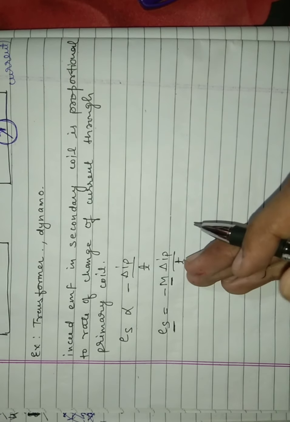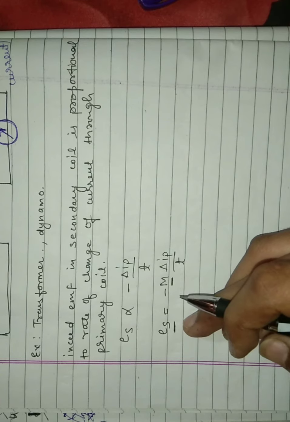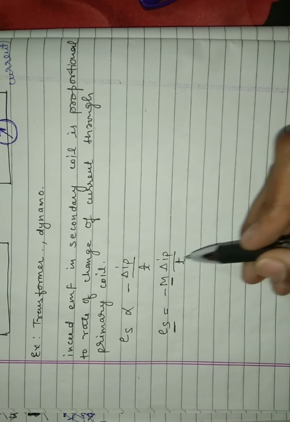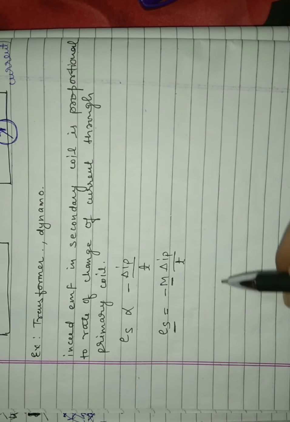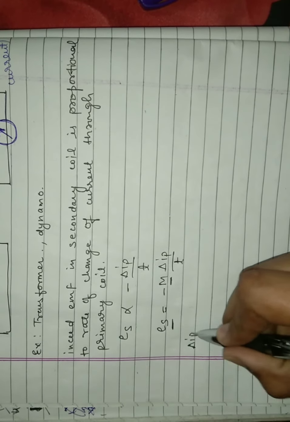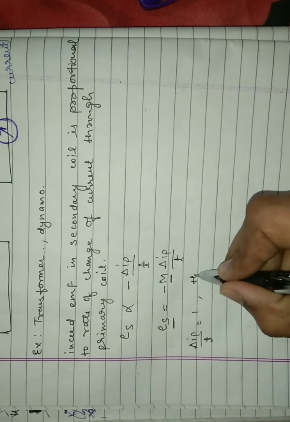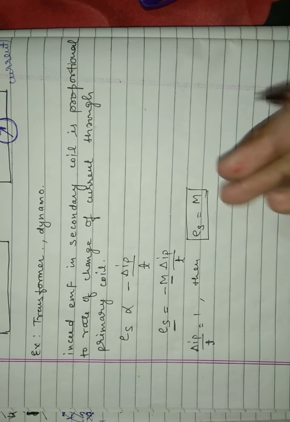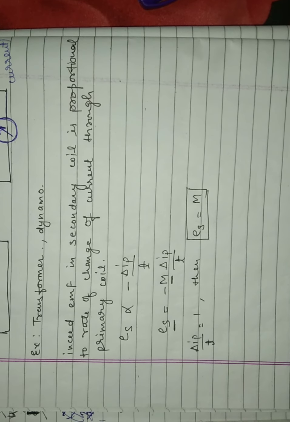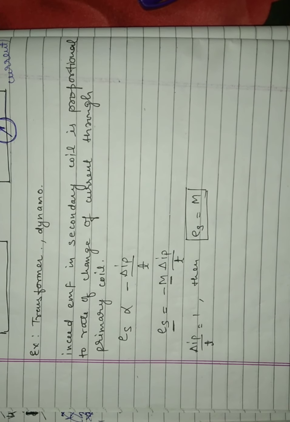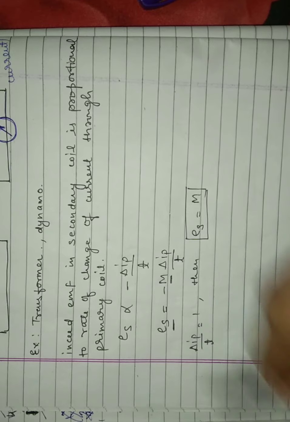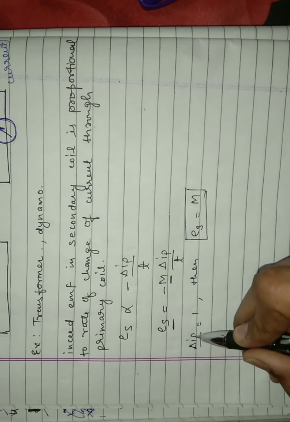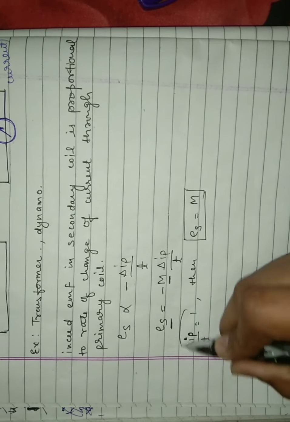M, that is mutual inductance, is equal to the induced EMF through the secondary coil when the rate of change of current through the primary coil is unity. When delta IP over delta t is 1, then the induced EMF through the secondary coil is equal to M. This is the definition. How will you write it? The mutual inductance of two coils is equal to the induced EMF in the secondary coil due to unit rate of change of current through the primary coil. Okay, this is important.